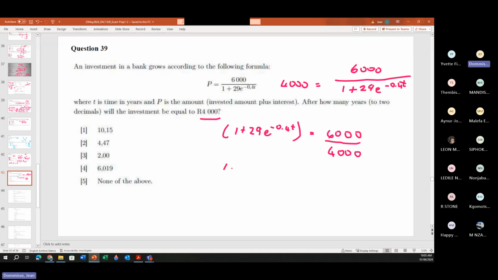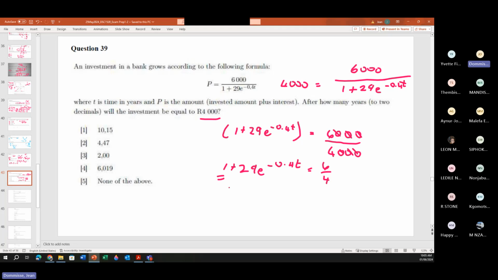Then I've got the 1 plus 29e to the power of 0.4t. Let's make this a bit simpler. If we divide by 2, it will be 6/4. So for now, let's just have that.